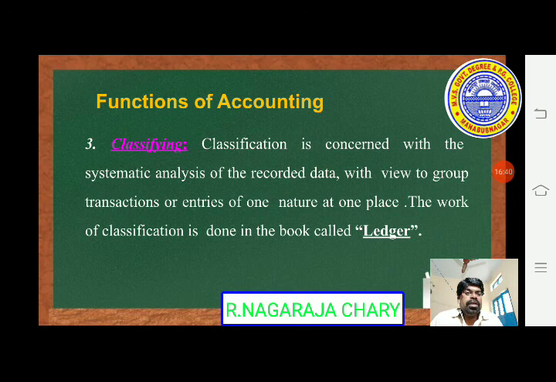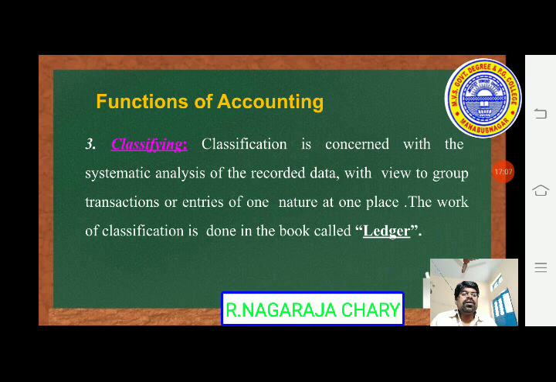Here nature means, we are already recording monetary transactions, so what is the nature here? Sometimes sales, sometimes purchases, sometimes other things, cash sales, credit sales. Like that we may have different types of transactions. Even in monetary transactions we may have different natures of transactions. So we have to keep in mind that we have to classify.